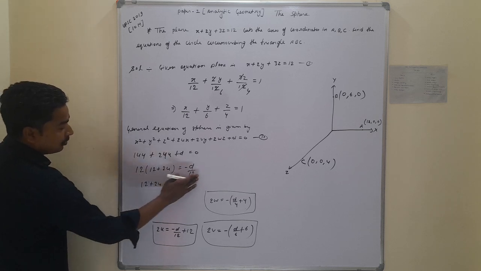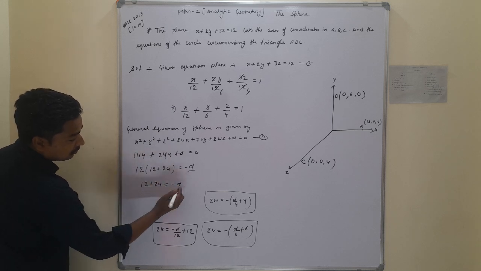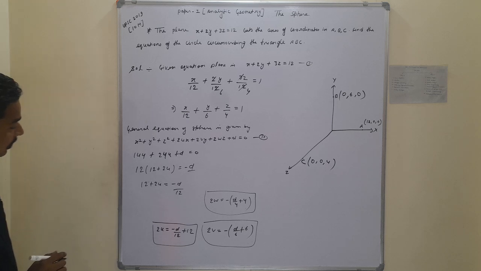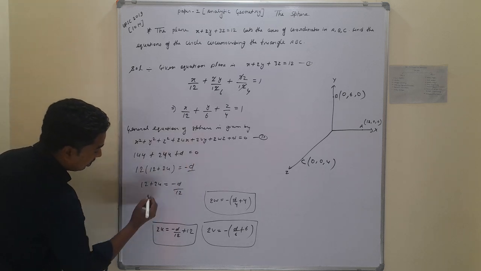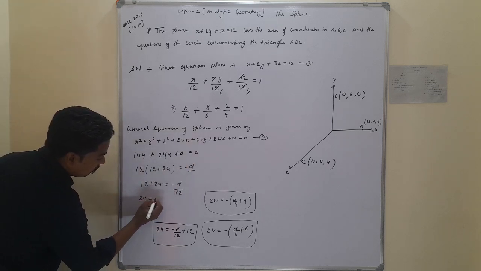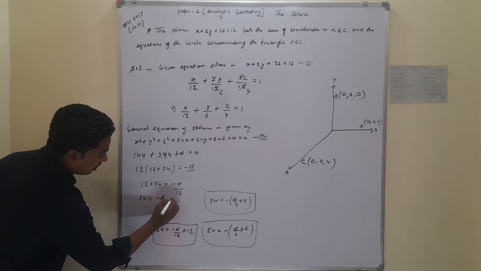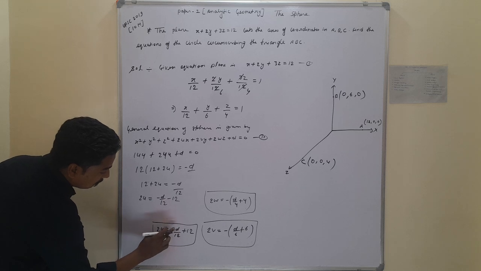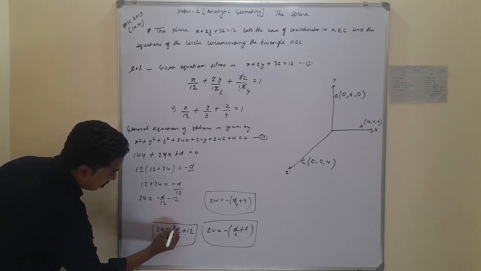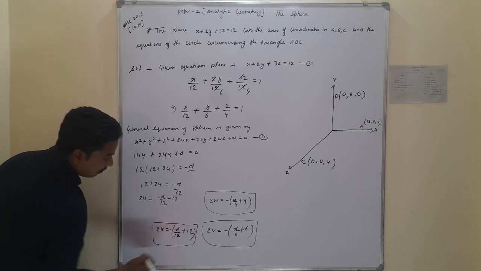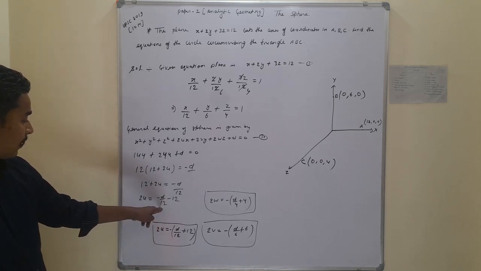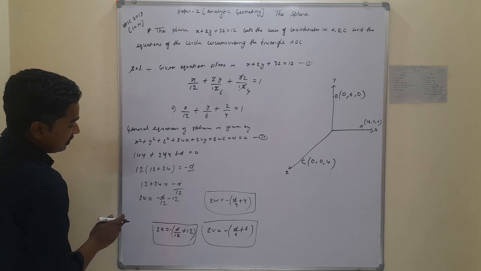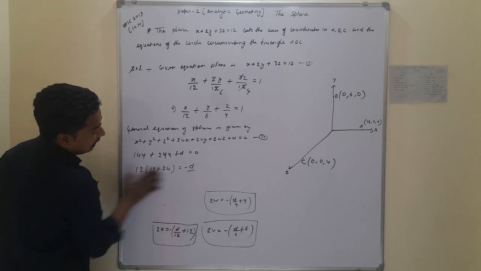Taking 12 to the denominator of d, we get minus d upon 12, and 12 is taken to the left-hand side, so 2u is equal to minus d by 12 minus 12. Taking minus common, 2u is equal to minus (d by 12 plus 12).